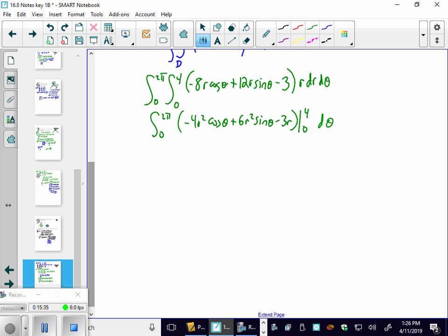All right, plugging in 4, 4 squared times 4 is going to be negative 64 cosine theta. 4 squared, 16 times 6 is 96, I think. Yeah, 96 sine theta minus 12. That looks right. We'll find out in the end, because if it doesn't give us the right answer, we'll know.